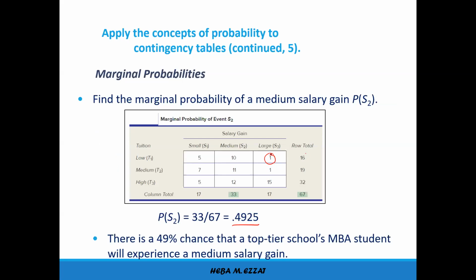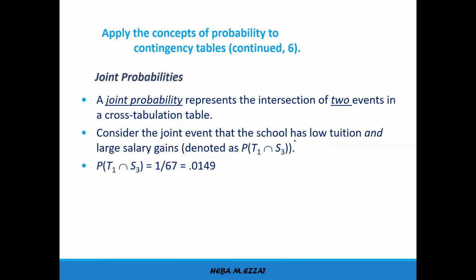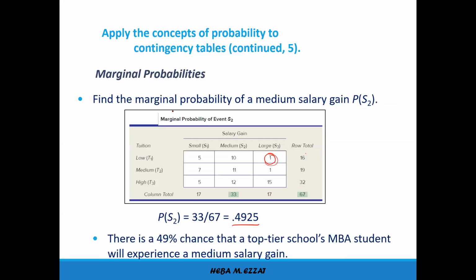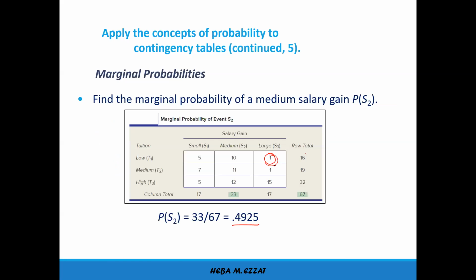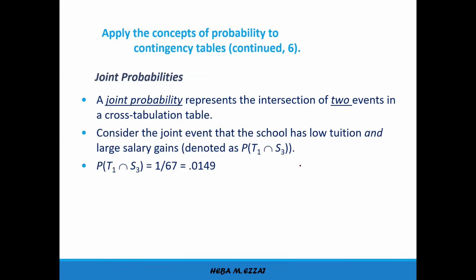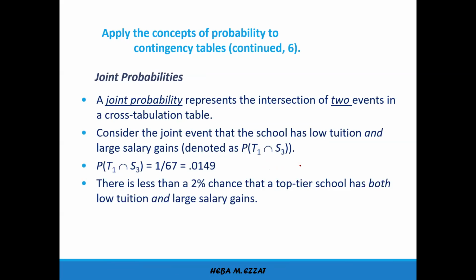Here it's 1, we have 1 divided by 67. The probability that there is an intersection, a low tuition fee and a large salary: in this case, you divide the number of the joint probability by the total, or the grand total of the population. Again, to interpret the result.